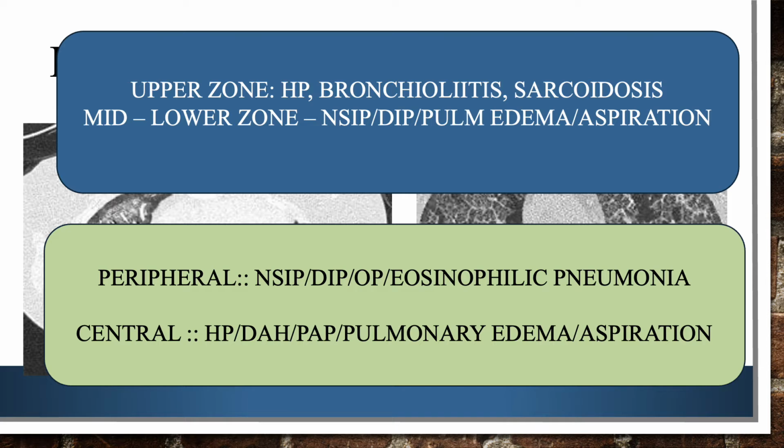If the ground glass opacities are more peripheral, then again they signify ILD processes like NSIP, DIP, organizing pneumonia, eosinophilic pneumonias, and if they are more central, they may happen because of hypersensitivity pneumonitis, alveolar hemorrhage, PAP, pulmonary edema, or aspirations. So the location and the distribution is what is important whenever we see ground glass opacification.